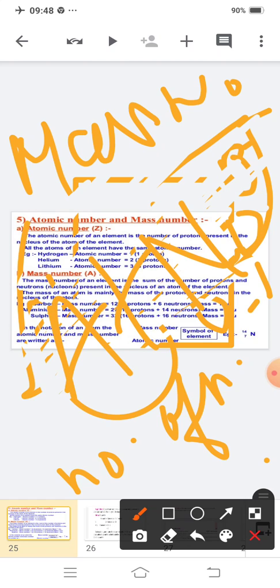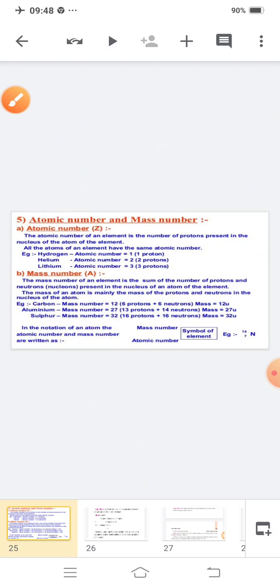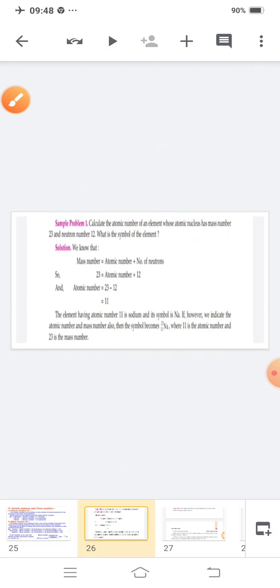So if atomic number and number of neutrons are given, you can easily find the mass number. And if mass number and number of neutrons are given, you can easily find the number of protons, or you can say the atomic number. Is this clear? Now we will do some numericals based on that.